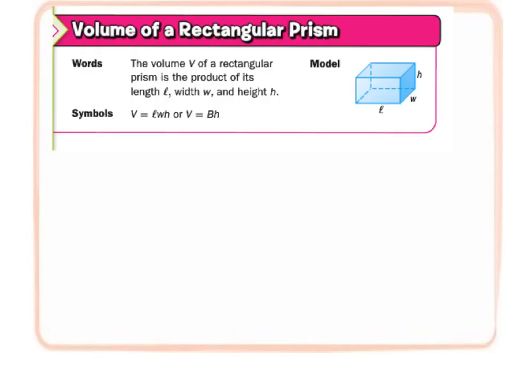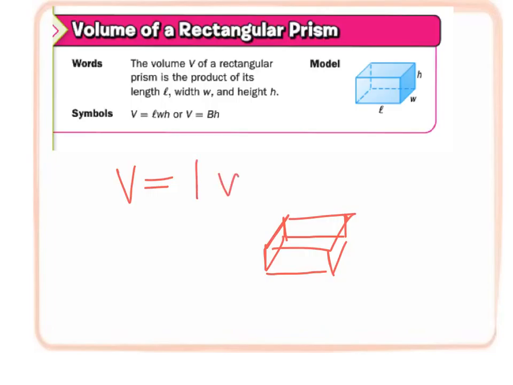Okay, the volume of a rectangular prism. Remember, the base always tells us the shape. That's rectangular. Prism just means that it's going to be 3D, so I would connect that and make it a 3D figure. In order to find the volume of that, volume equals length times width times height.